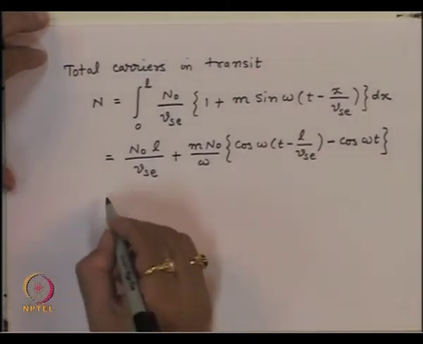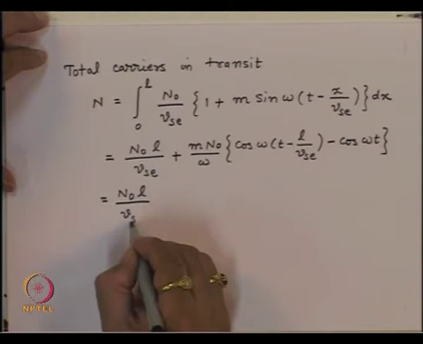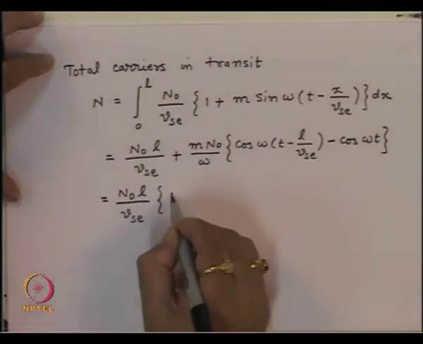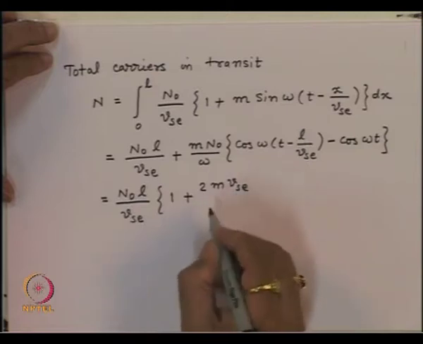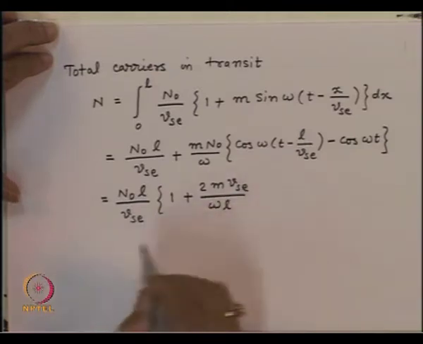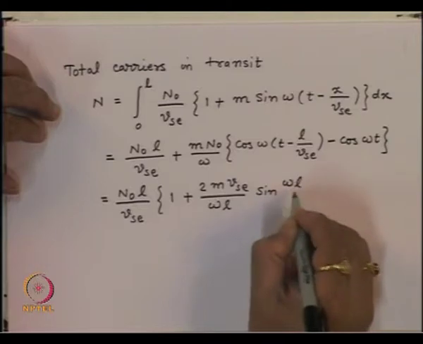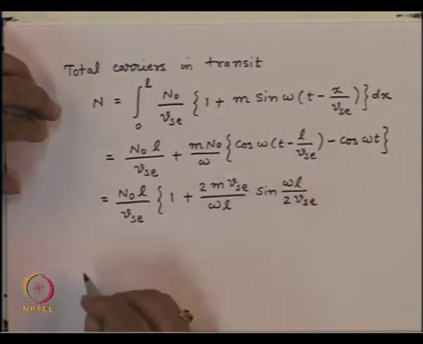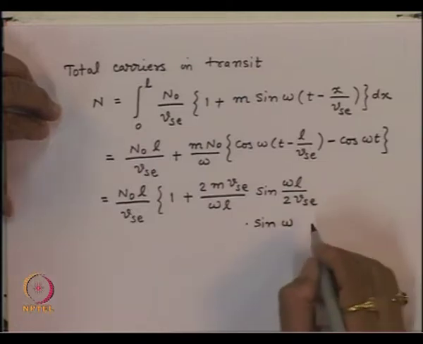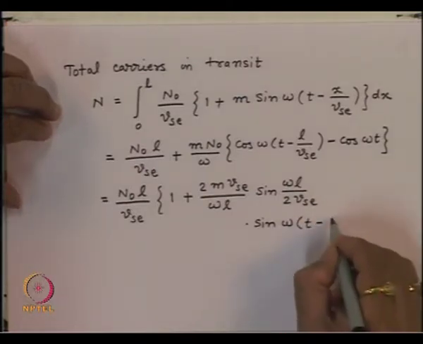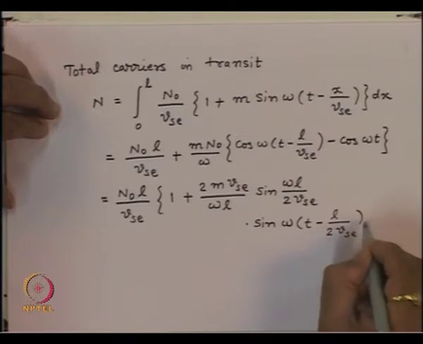Combining these two terms appropriately, we get n0 L upon VSE into 1 plus 2 m VSE upon omega L sin of omega L upon 2 VSE, multiplied by sin of omega t minus L upon 2 VSE.